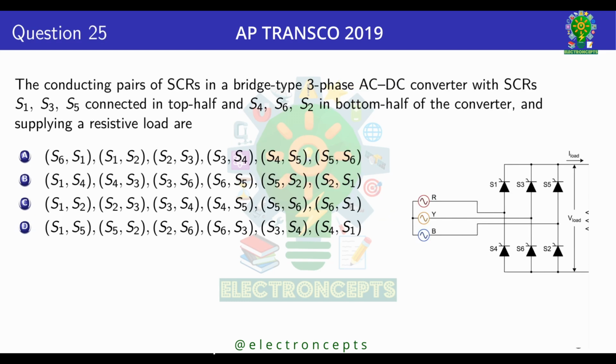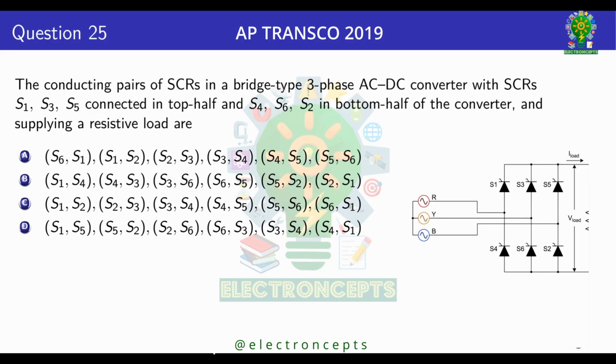Question number 25. The conducting pairs of SCRs in a bridge type 3-phase AC to DC converter with SCRs S1, S3, S5 connected in top half and S4, S6, S2 connected in bottom half of the converter, supplying a resistive load R. This is the circuit of 3-phase bridge type AC to DC converter with SCRs.